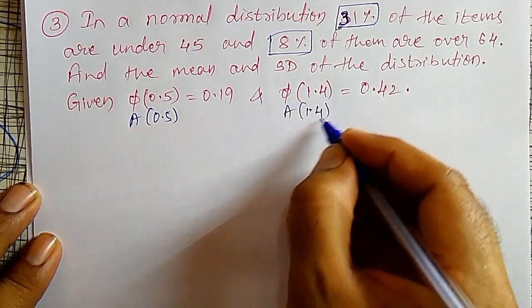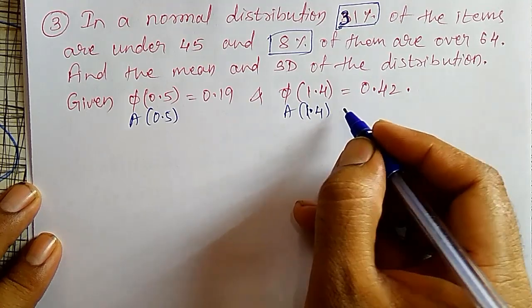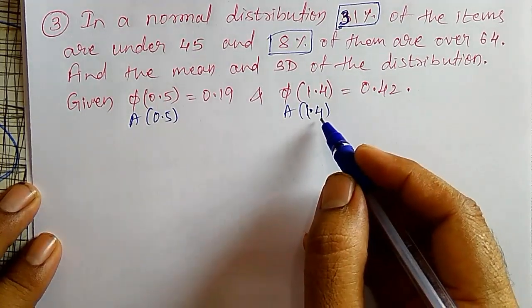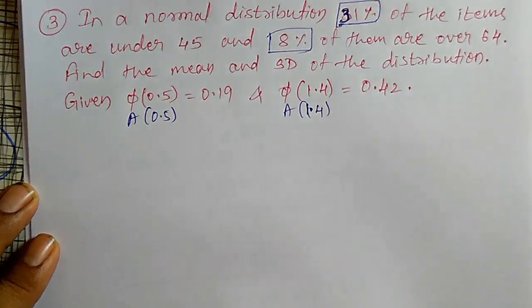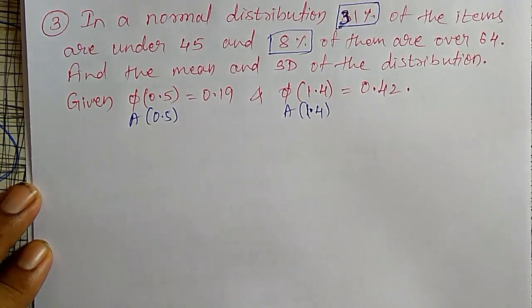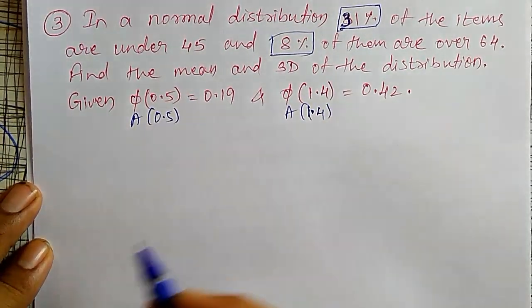A of 1.4 means the area from z equal to 0 to z equal to 1.4, and A of 0.5 is the area from z equal to 0 to z equal to 0.5. They are given. Using this, I have to find the given mean and standard deviation.